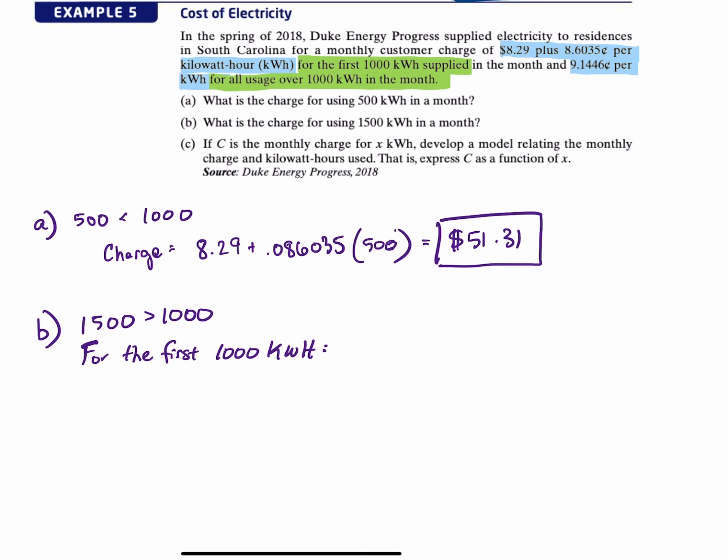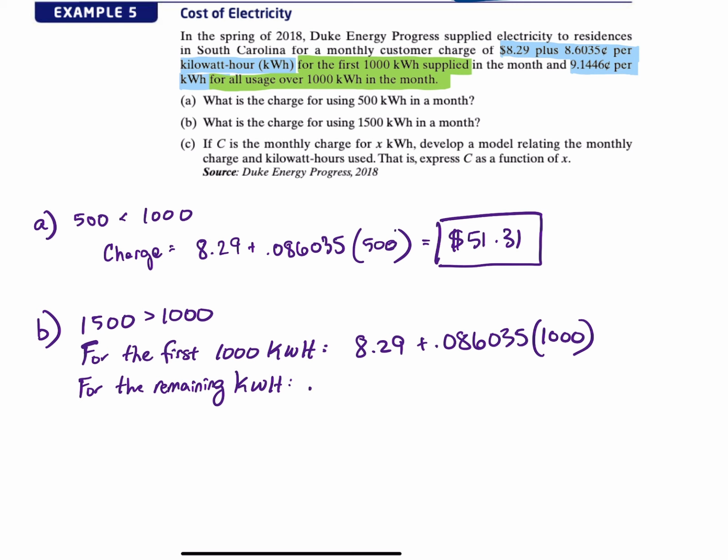So that was $8.29 plus 0.086035 for the first 1,000 hours. And then there's the 500 hours remaining. That's what's above 1,000. So we can say for the remaining kilowatt hours, that are above 1,000, it just charges 9.1446 cents.